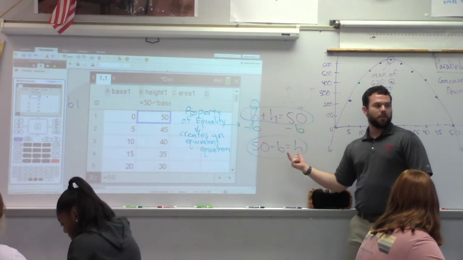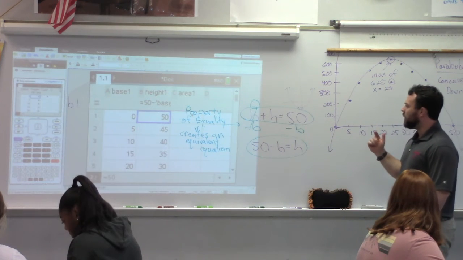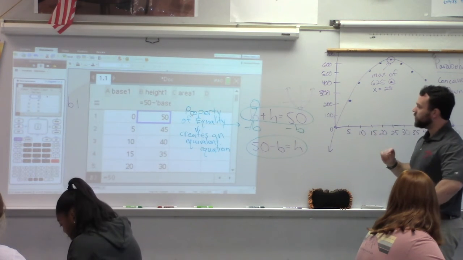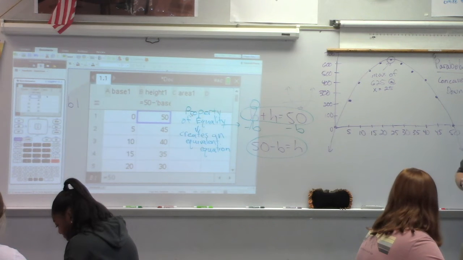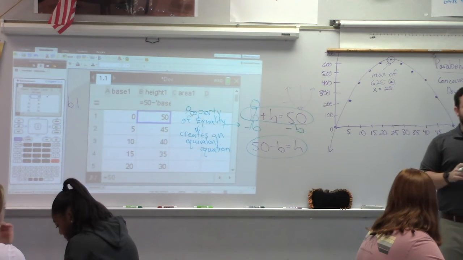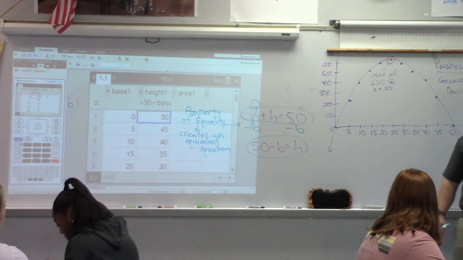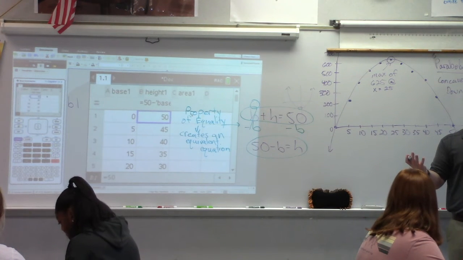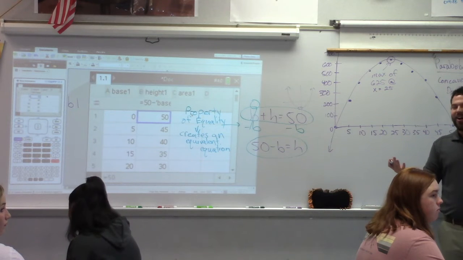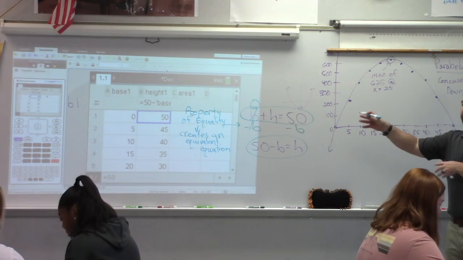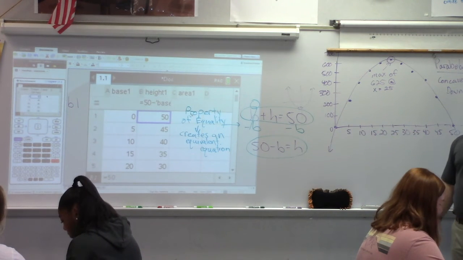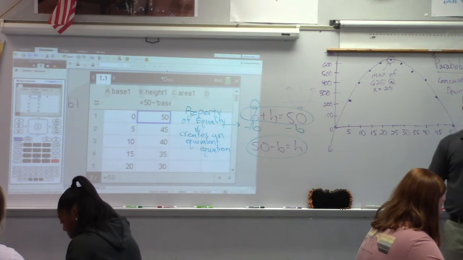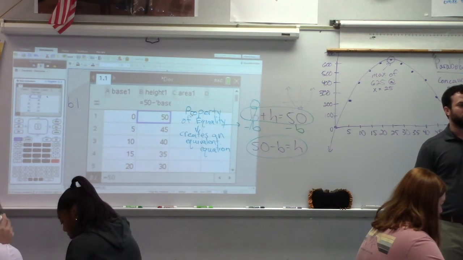Now, I'm not going to spend a long time on this, but I want to show you why this matters, because Addison asked a great question in the small group earlier: why do I need to do both recursive and explicit? On the calculator, recursive definitions are super easy, but they are not super easy to do by hand.